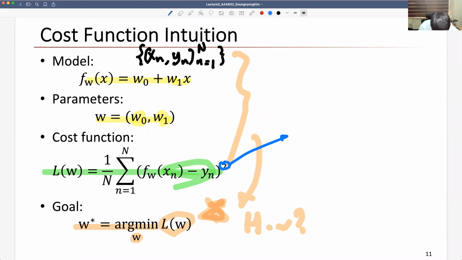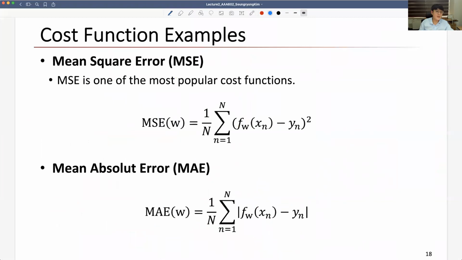So in this case, we just compute the square of the error. But there are several variants of this cost function. First of all, our previous cost function is called the mean square error. Mean means average, and square error is the square of the error.